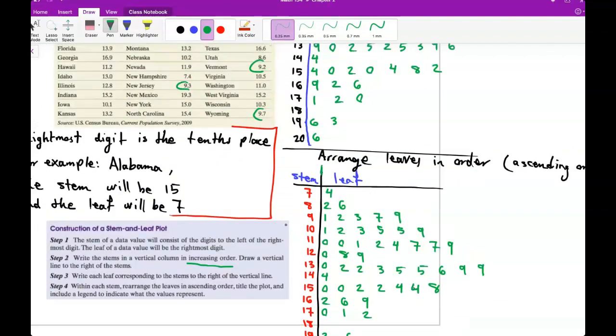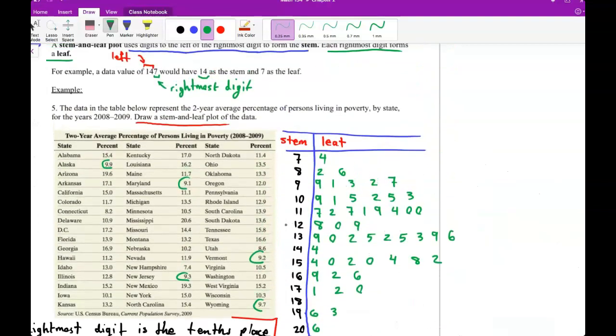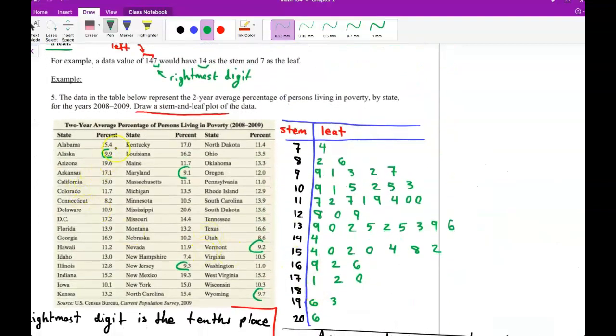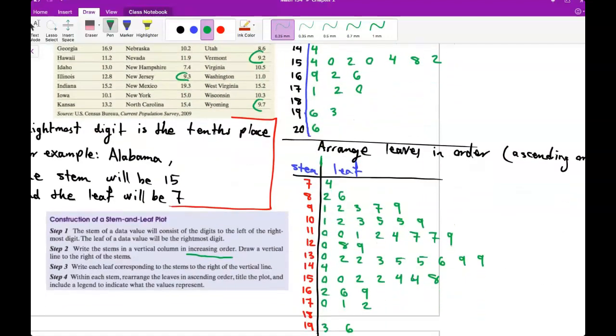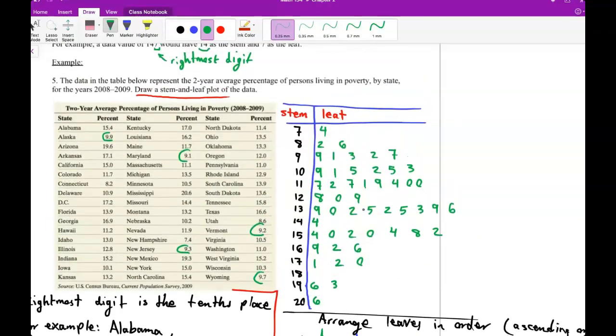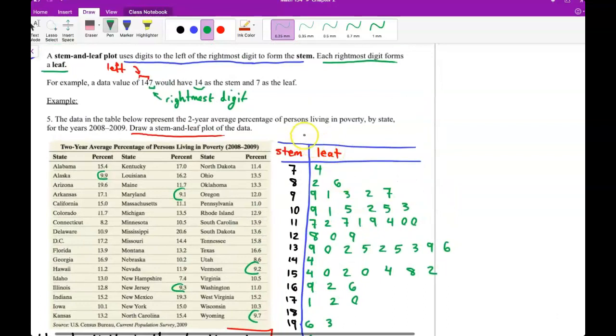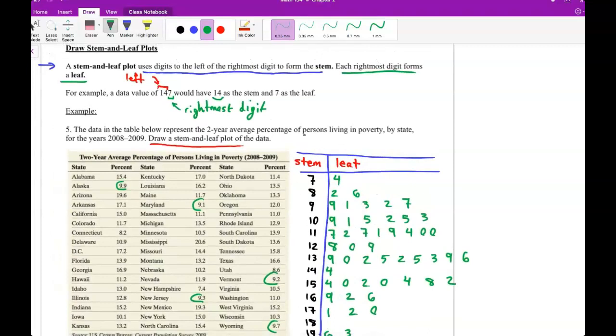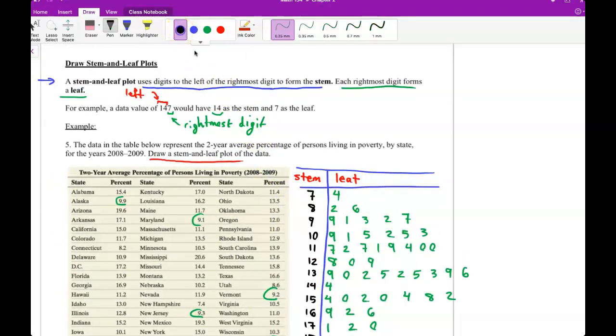Okay, so titling that one. That one is for the 2-year average percentage of persons living in poverty. So I'm going to write that one here, what the title is.